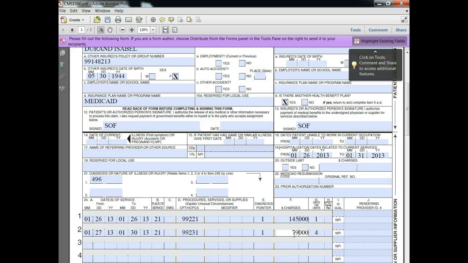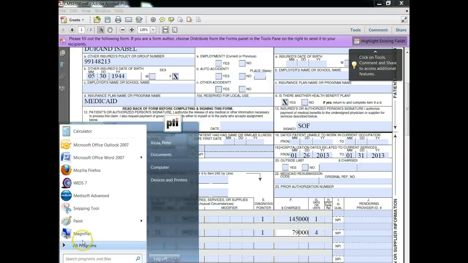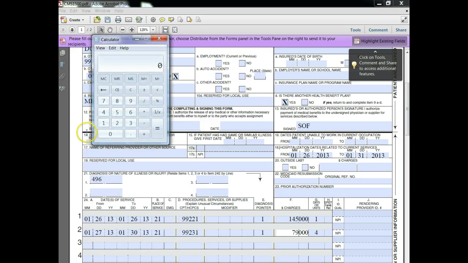So CMS Medicare will automatically multiply 4 times 79. Right now we have 145 plus, okay, well, 79 times 4 equals 316 plus the 145.